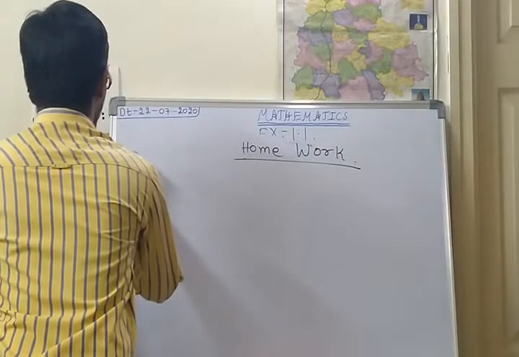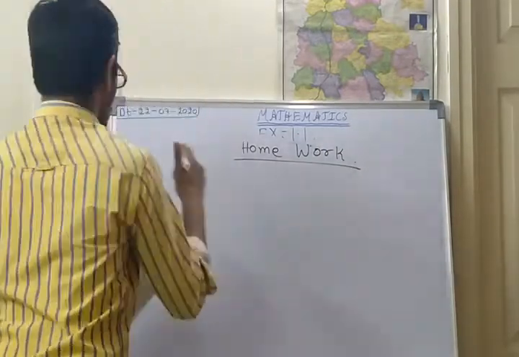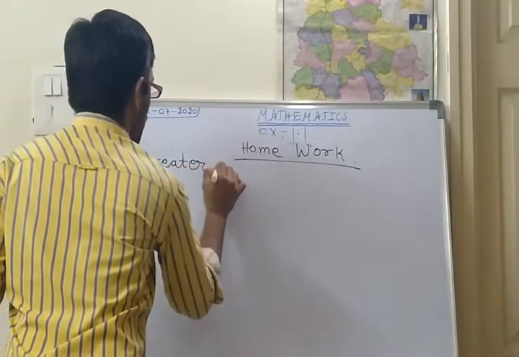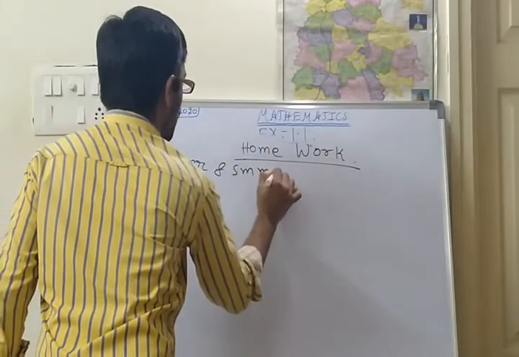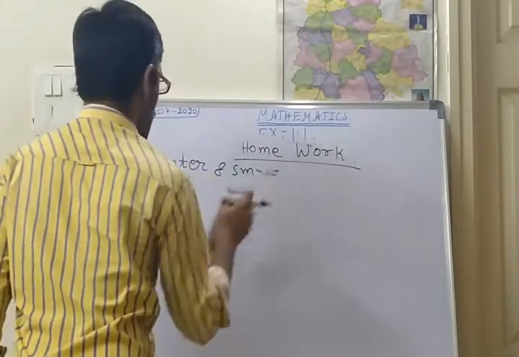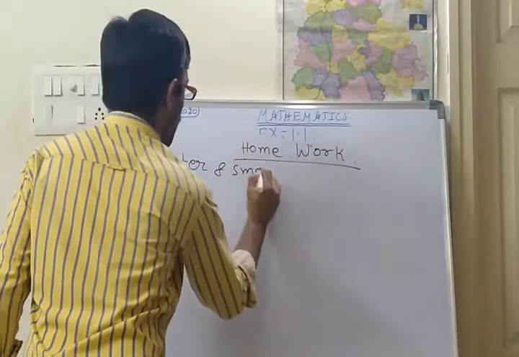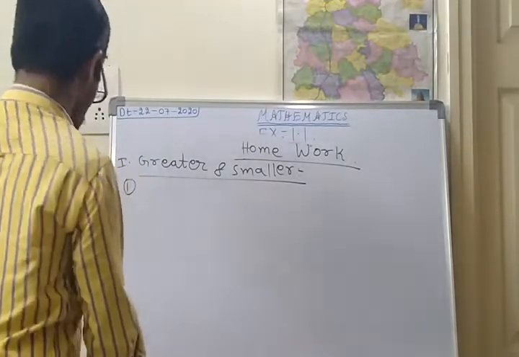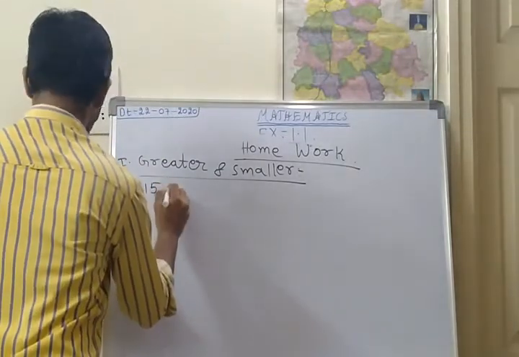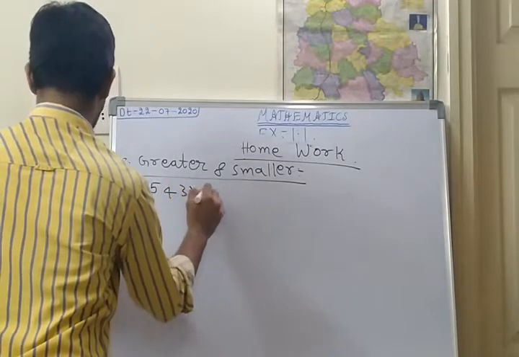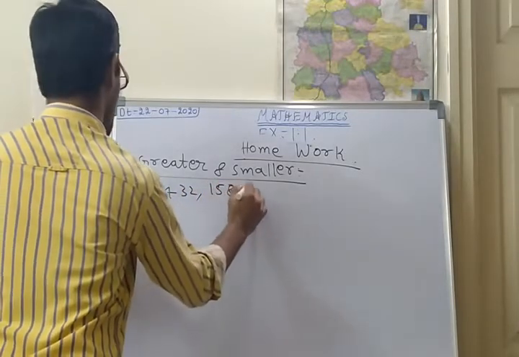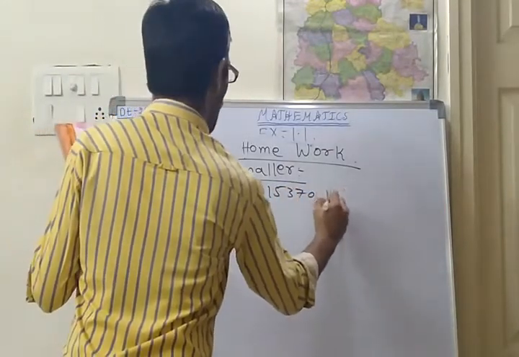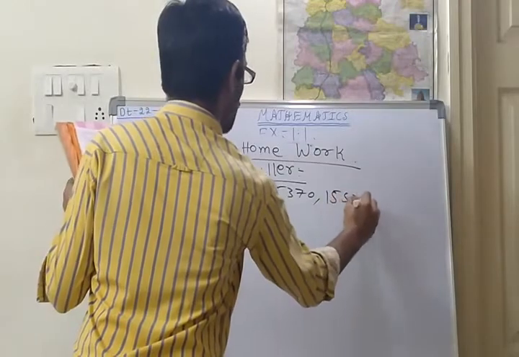Homework part, first bit: greater and smaller number. First one I am writing: 15432, 15892, 15370, 15524.